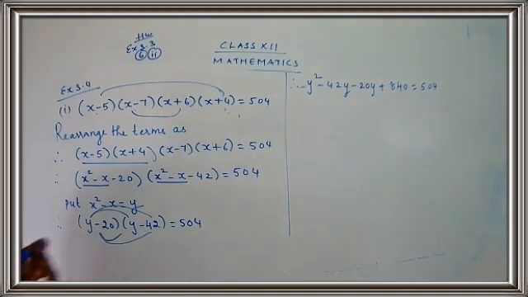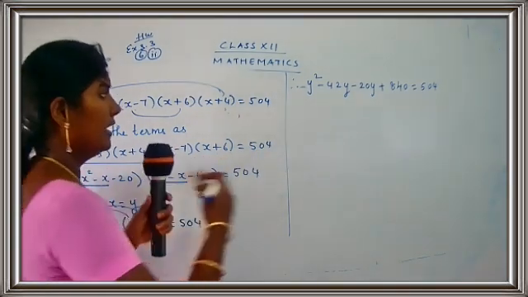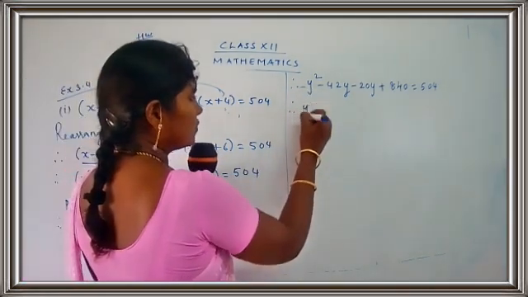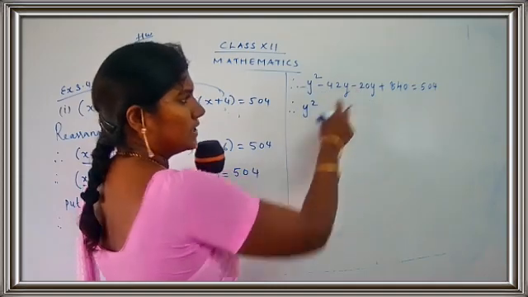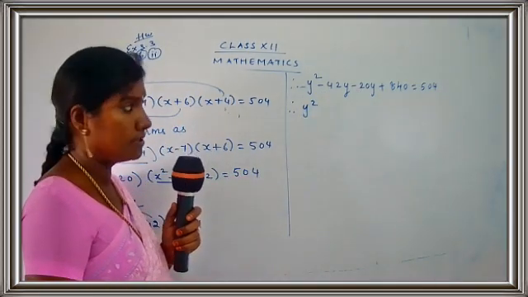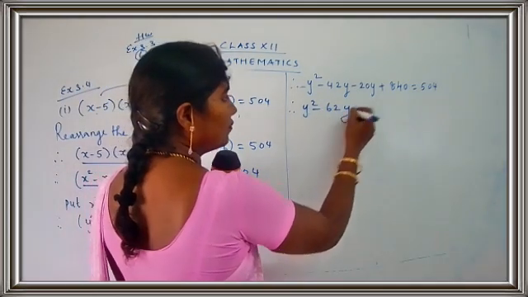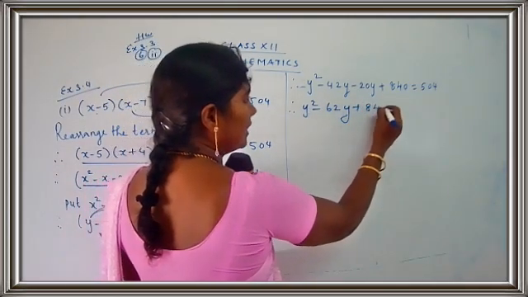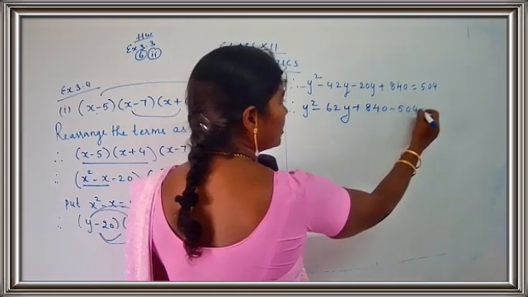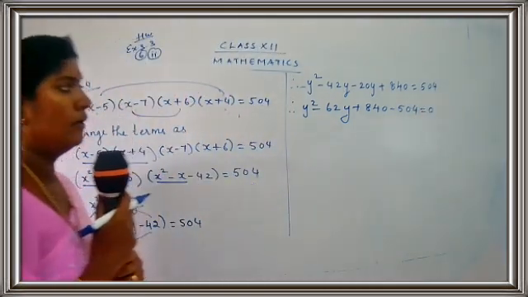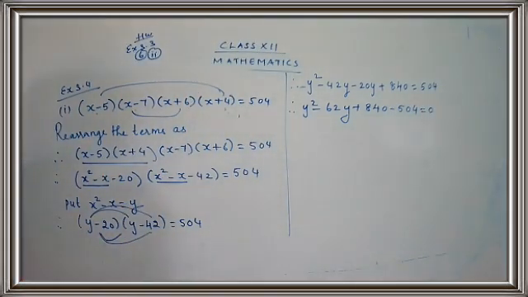Now I'm going to bring all the terms to one side and try to simplify the like terms. So y square, minus 42 minus 20, that is minus 62y, plus 840 minus 504 is equal to 0.